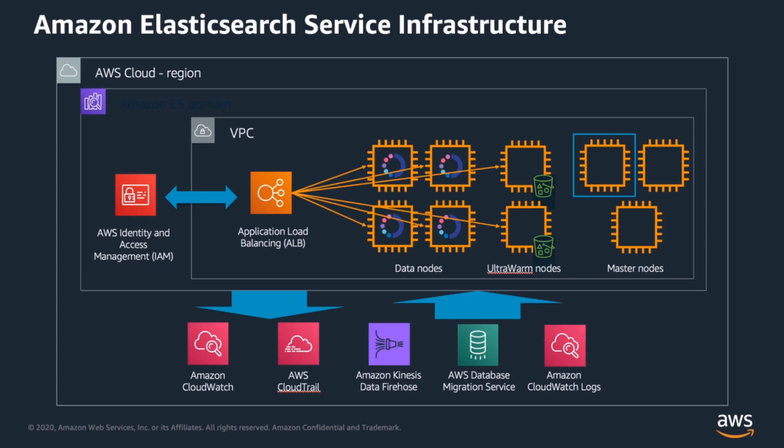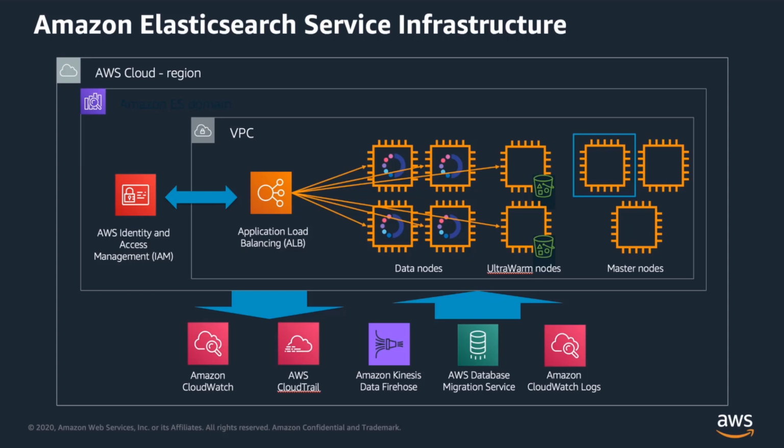Now, Amazon Elasticsearch service is a fully managed service which automates the creation and maintenance of your Elasticsearch cluster. Because, of course, with all the goodness of that software, you still need to have a production grade deployment of a cluster, and maintaining that at scale can be a challenge, which is where the Amazon Elasticsearch service helps you.